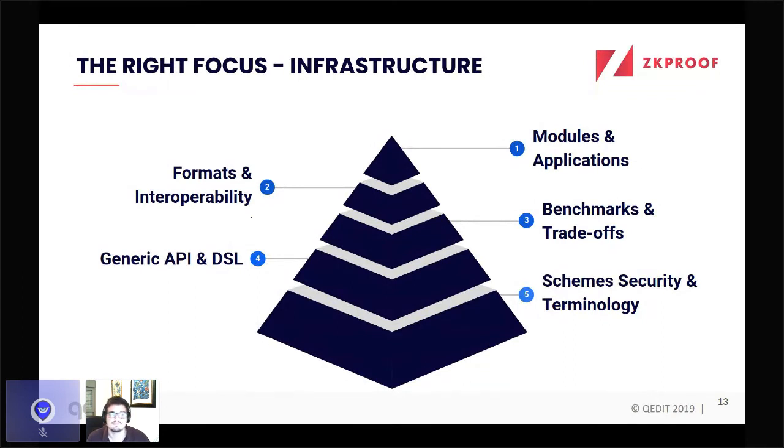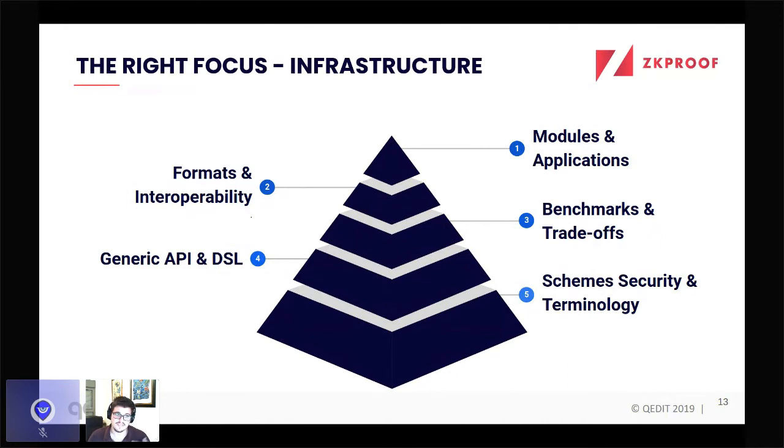That way, whatever is built on top doesn't have to be so impacted once the underlying scheme is changed. There are, of course, a set of frameworks that need to be developed for benchmarking, and there is a huge trade-off space in the zero-knowledge field. It's quite amazing how hard it is to create an apples-to-apples comparison between two different schemes.